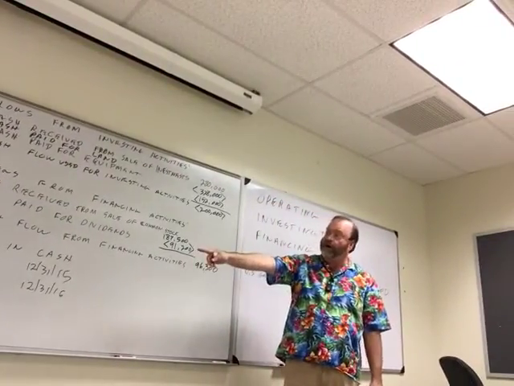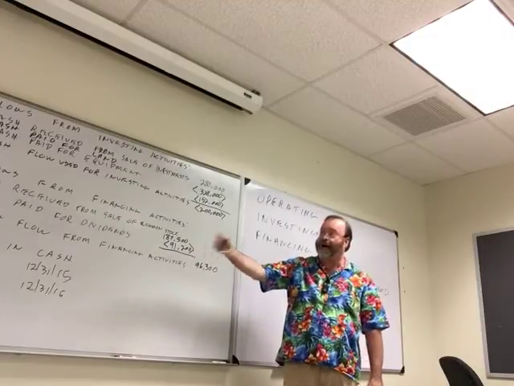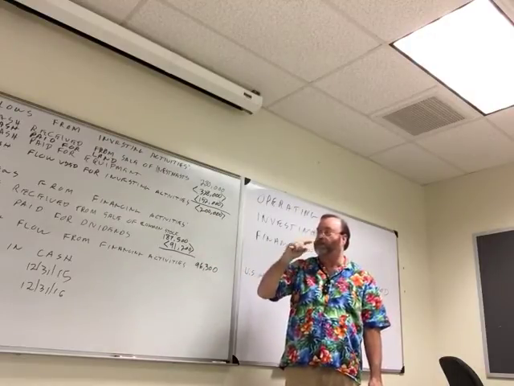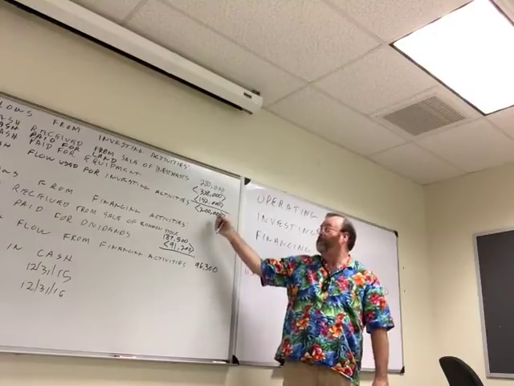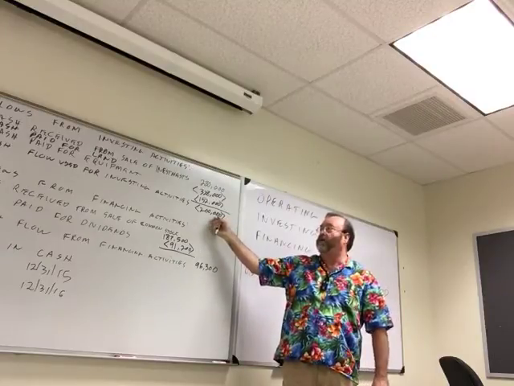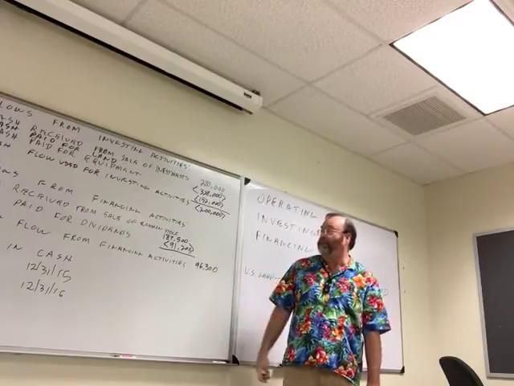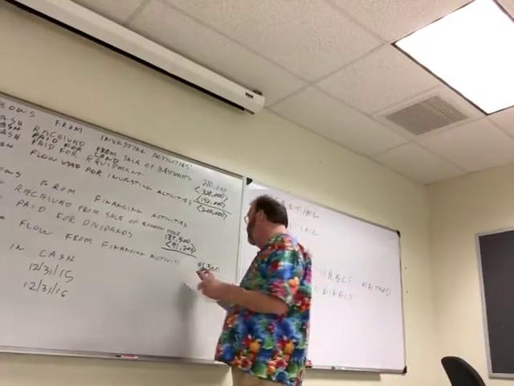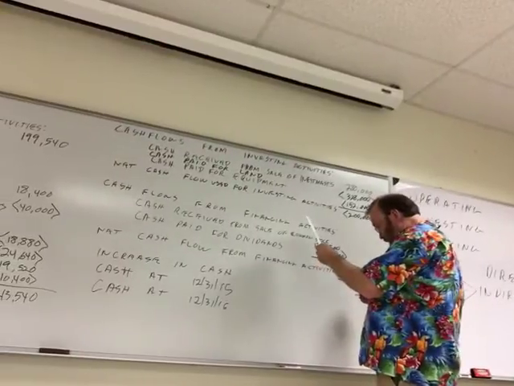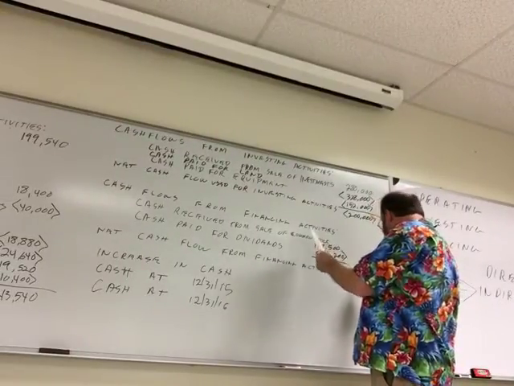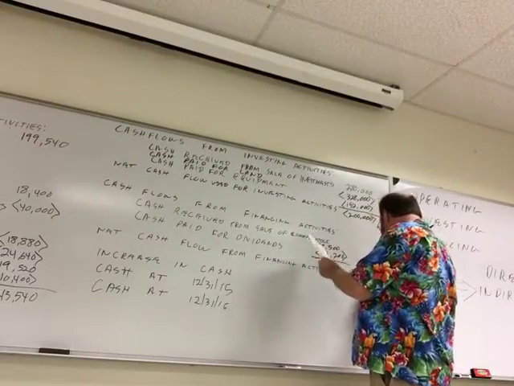If you add up the 143,500 positive net cash flows from operating activities to the negative net cash flow used for investing activities and the positive net cash flows from financing activities, cash increased by $39,840.